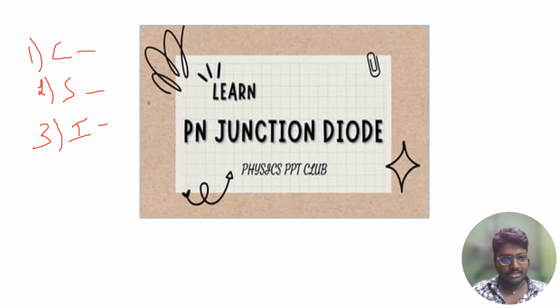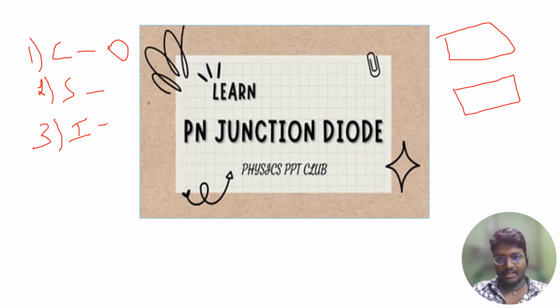These conductors have an energy band gap of approximately 0 electron volts between the valence band and the conduction band. This one is the valence band and this one is the conduction band. So there is a gap between the valence band and conduction band.